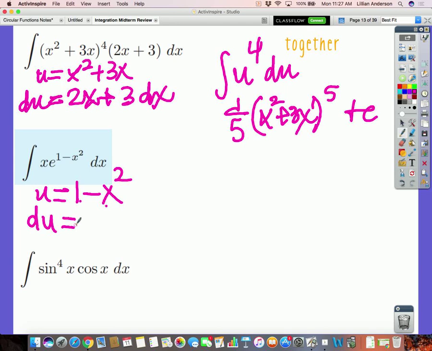It's a negative 2x. Okay? Now, do we have a negative 2x a part of our problem? No, we just have a what? An x. So we need to take this and divide by negative 2.